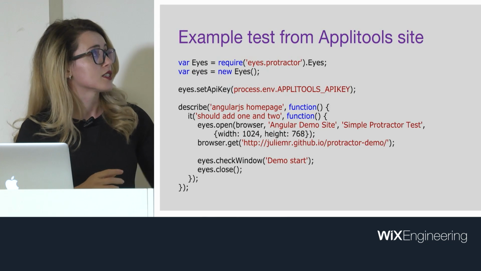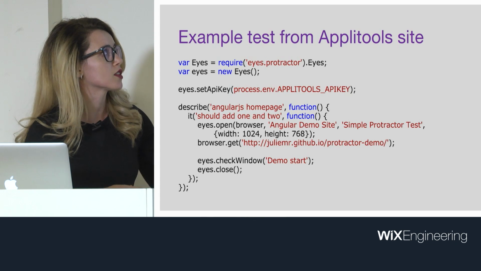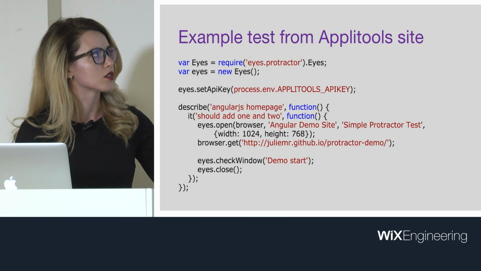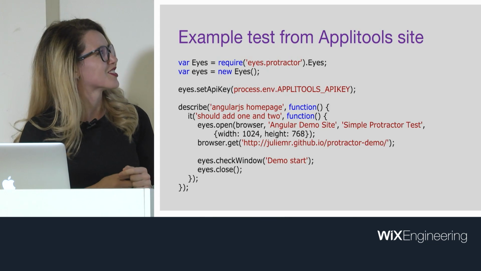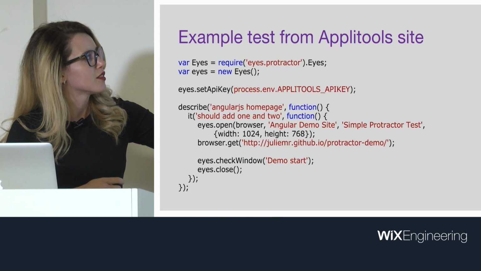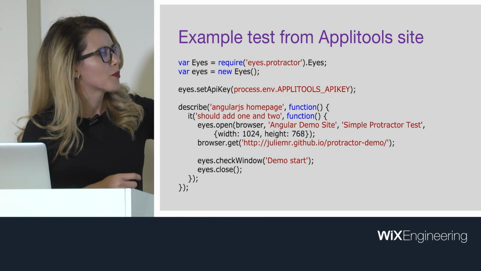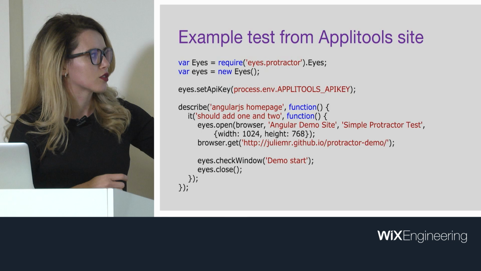This is an example test from the Applitools site. You can see that you need eyes, which is their library, for Protractor, which is a framework for JavaScript. Set the key, and then your regular test where you need to do open, then some test, check window, and close.